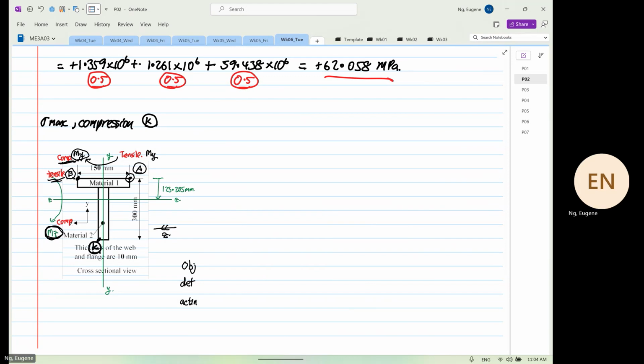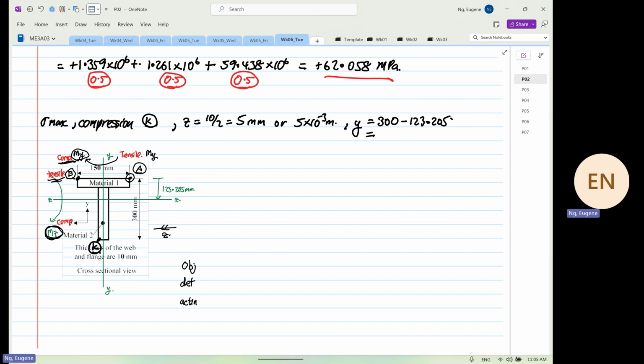So at point K, we know that the Z distance is equal to 10 divided by 2, 5 millimeters, or 5 times 10 to the power minus 3 meters. The Y now is equal to what? 0.300 minus 123.205.